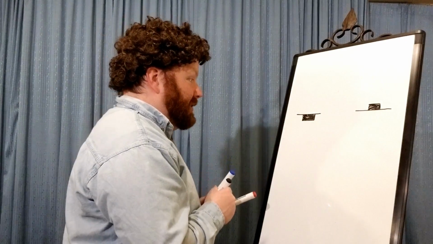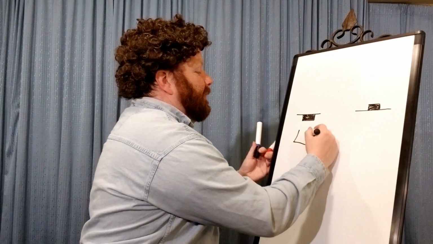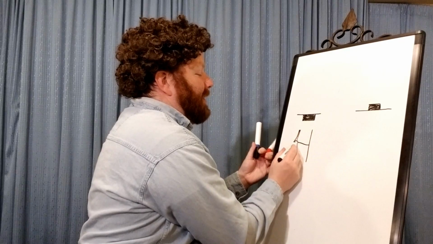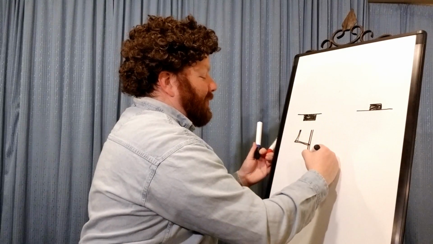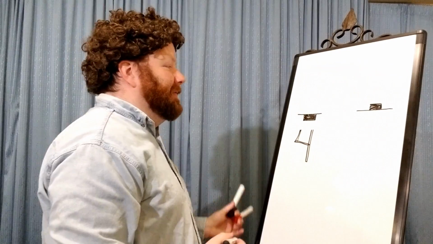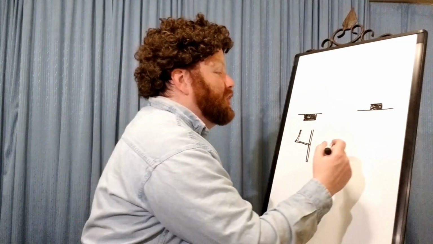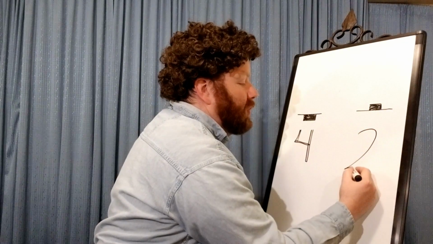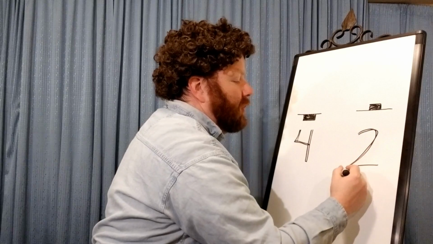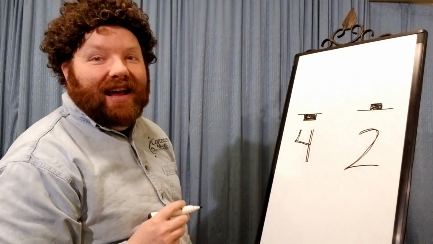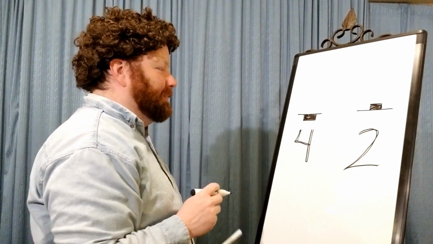So that's your whole rest and your half rest. Your whole rest is worth 4. I'll make that great big number 4 so that people at home can see it. And your half rest, it's worth 2. You get sound effects as a bonus.